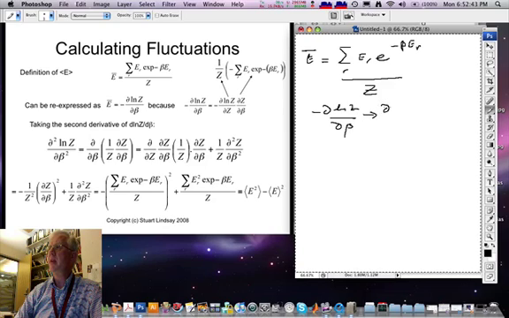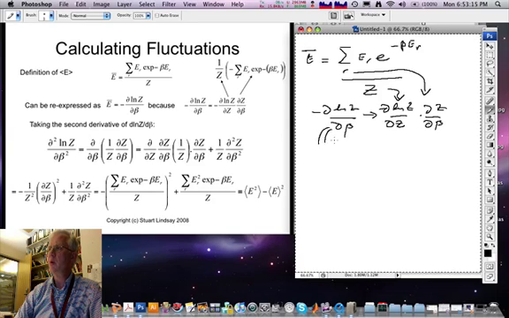Well, we can expand this as d log Z by dZ, which of course is just 1 over Z, times dZ by d beta. But dZ by d beta just means pulling down a minus E_r from each term in the exponential, and this is nothing more than this component of the sum here. So this part comes from here, the 1 over Z comes from here, and indeed then we see that this quantity is equal to the thermal average energy.